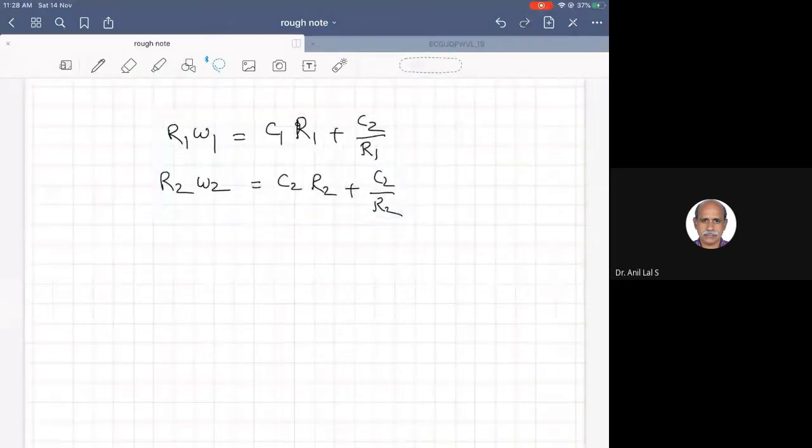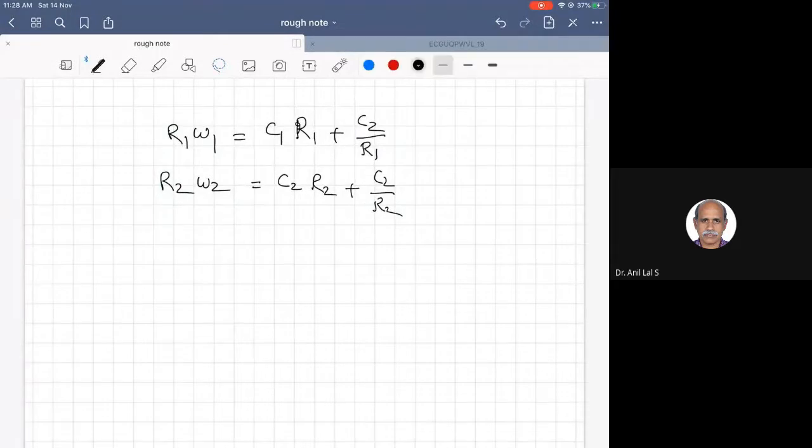We multiply with R2, so there is an R2 and an R2.